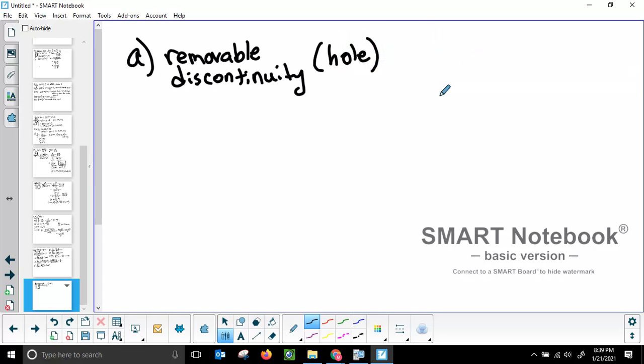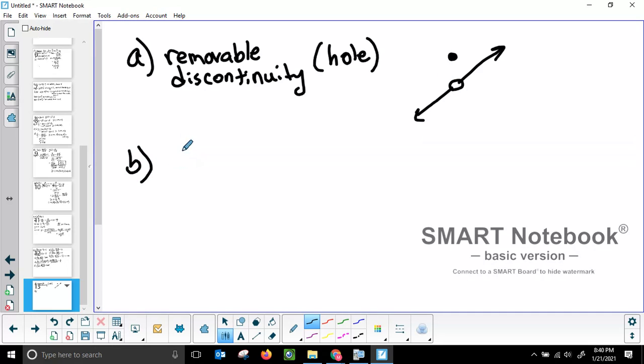So something like this. That's a removable discontinuity, where you literally just took a point out of the graph and moved it to somewhere. That's why it's called removable.